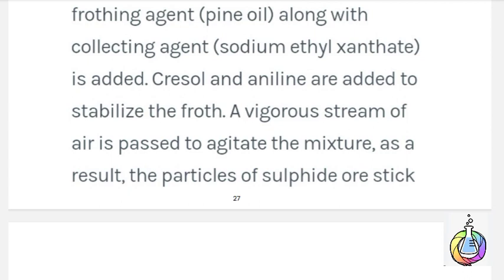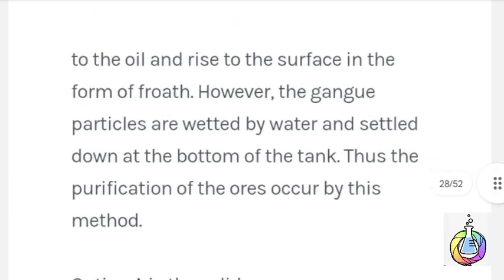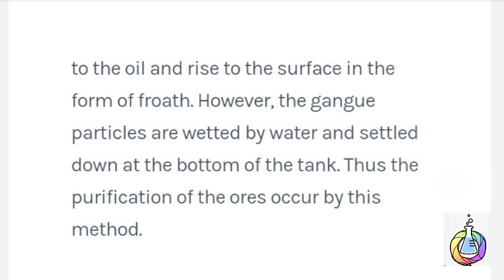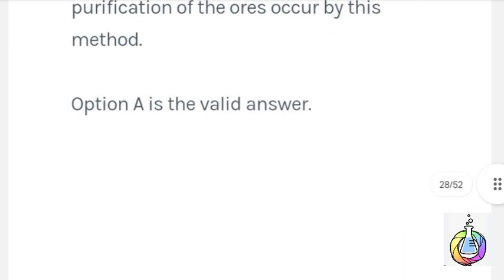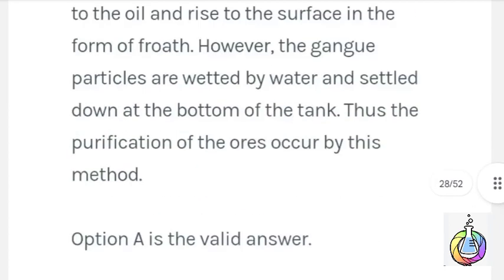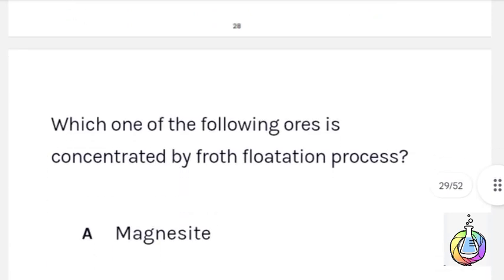As a result, the particles of sulfide ore stick to the oil and rise to the surface in the form of froth. However, the gangue particles are wetted by water and settle down at the bottom of the tank. Thus, the purification of ore occurs by this method. Therefore, option A is the correct answer for this question. It is the froth flotation method or process.